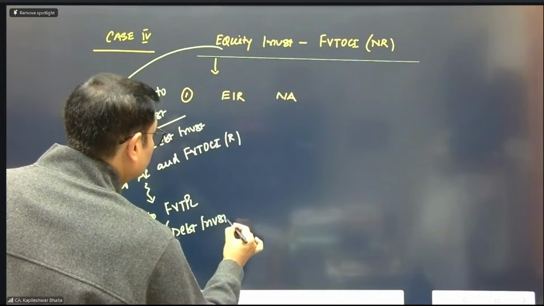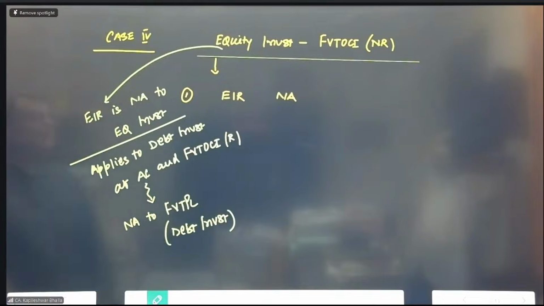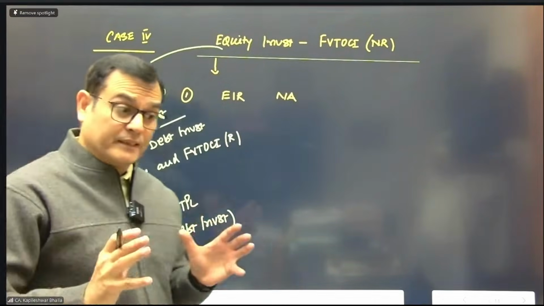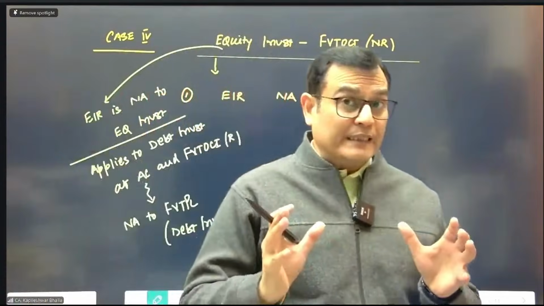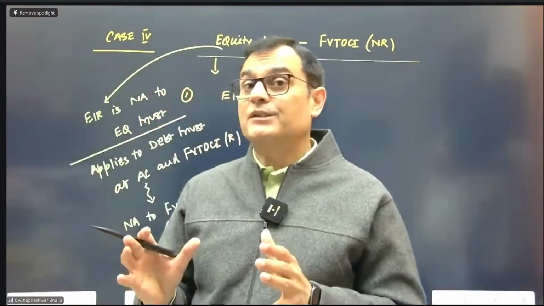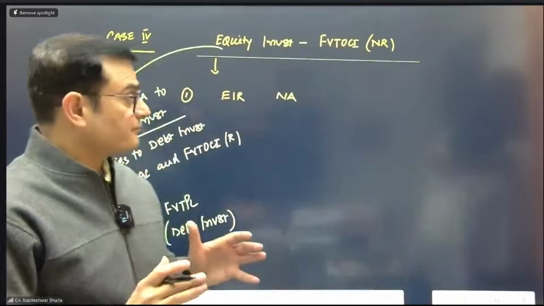If you've got debt investments at FVTPL also, it does not apply. I'm just putting that in your mind so you are very clear on where it is taken and where it is not taken.